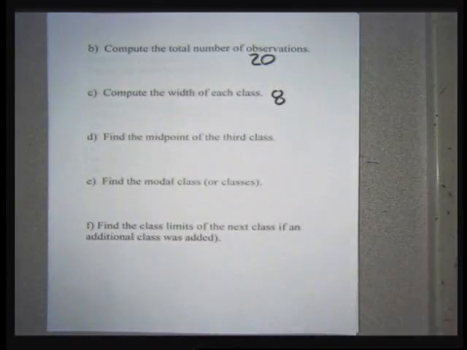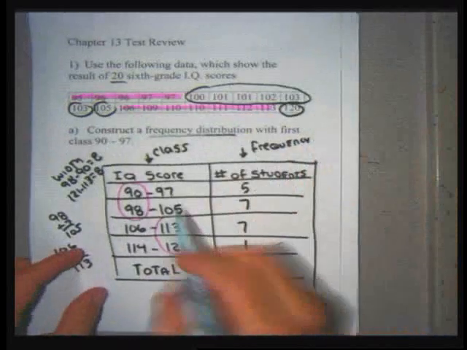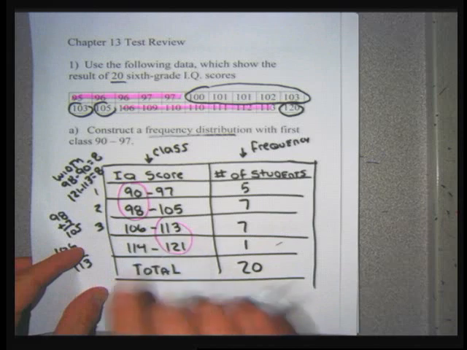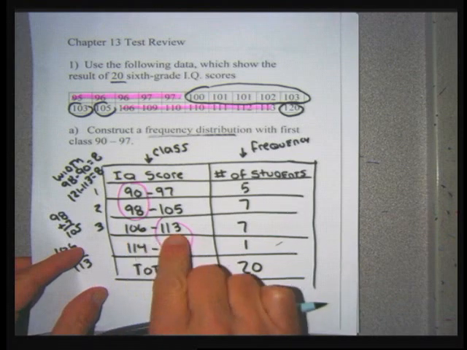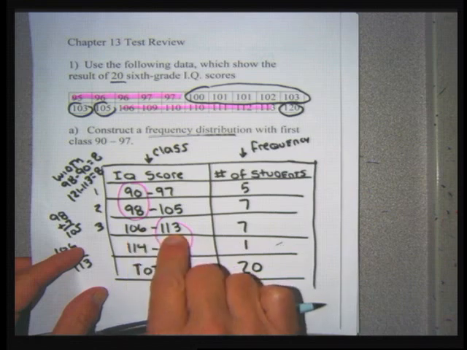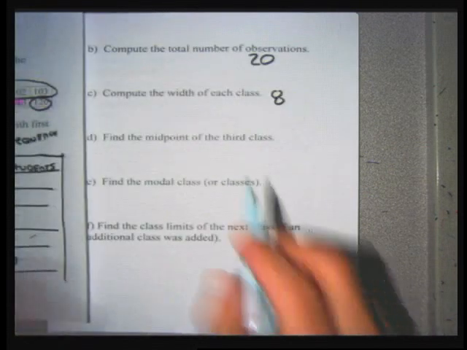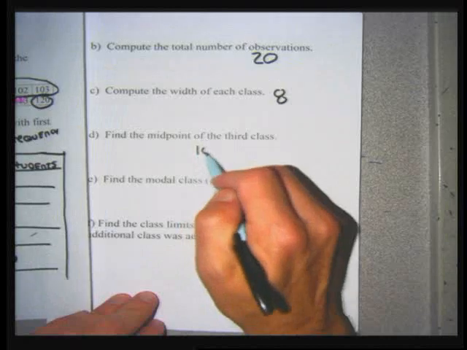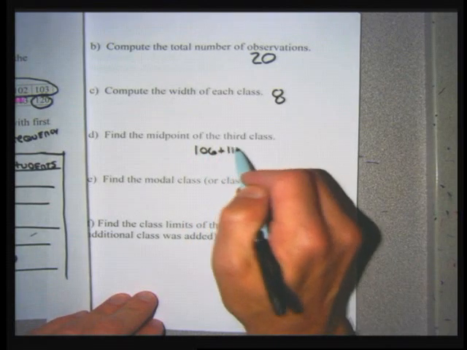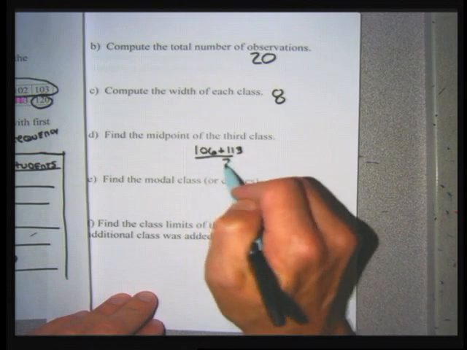D wants the midpoint of the third class. The third class, this is the first class, second class, third class, and to do the midpoint you add the lowest plus the highest, the lower class limit plus the higher class limit, and divide by 2. So for the midpoint of the third class, I'm going to take the lower class limit of the third class, which is 106, plus the higher class limit and divide by 2.